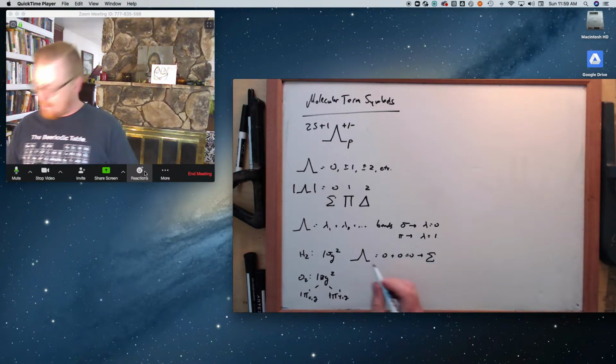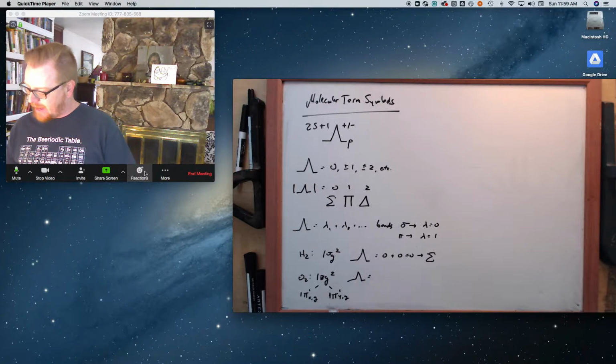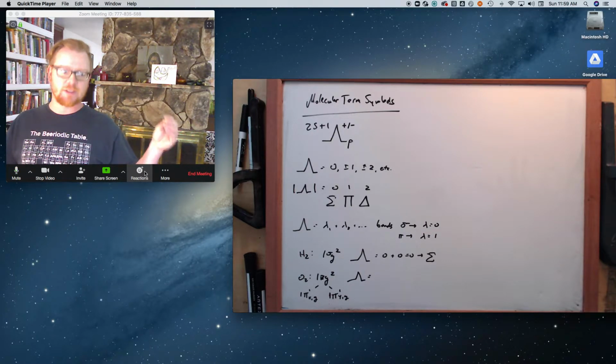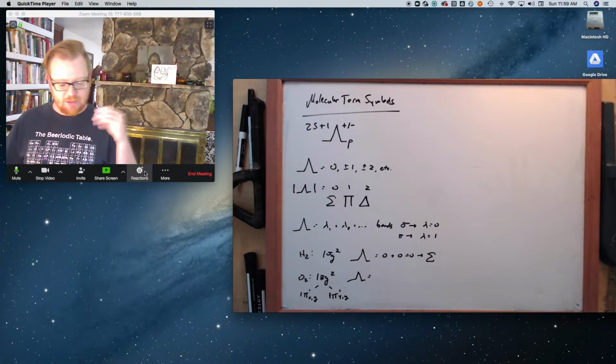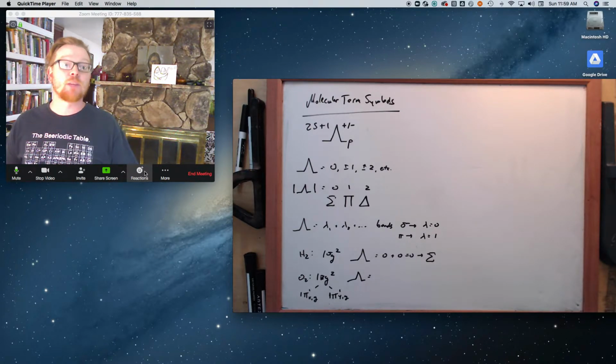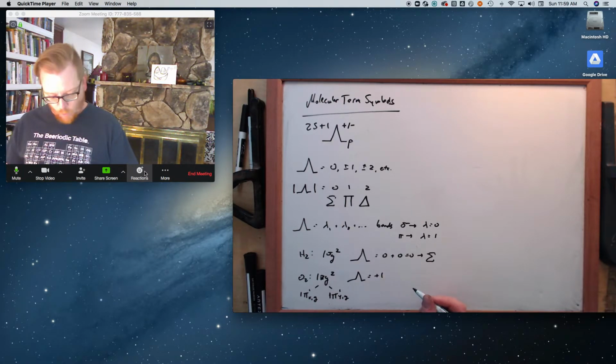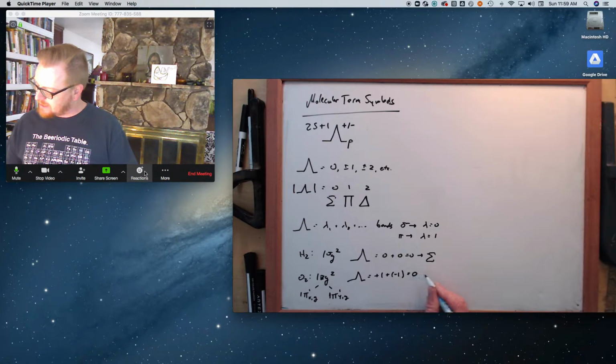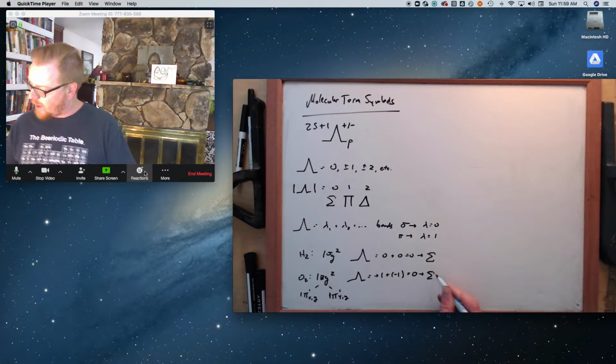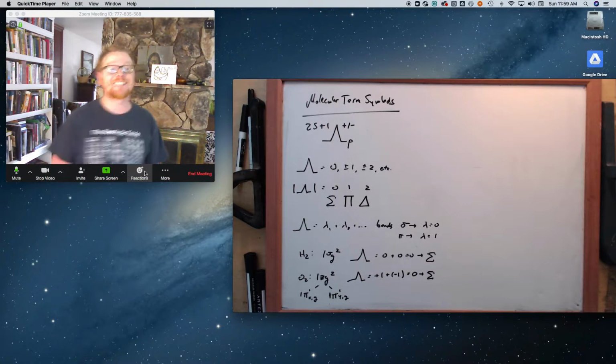And so now what that means, when I go to calculate this lambda here, is that it doesn't matter which one you ascribe a negative or positive value, but the fact that they're in different orientations, they have a different sign. So that means there's actually a different angular momentum as a result of being in those different orientations. So if, let's say I call the X positive 1, then the Y is -1. And so that means this is still equal to 0 and thus still a sigma state.